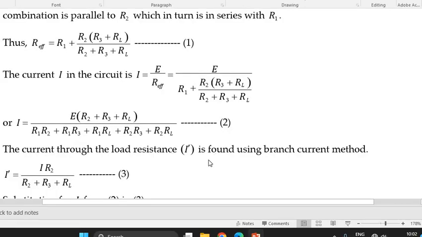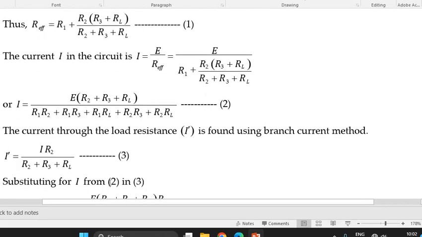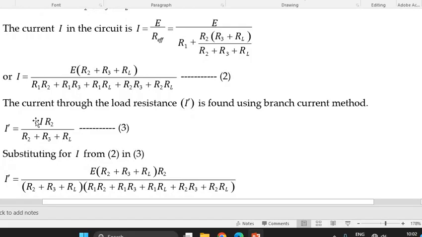The current through the load resistance I dash is found using the branch current method. Therefore, I dash is equal to I into R2 divided by R2 plus R3 plus RL. Substituting I from equation 2 in equation 3, instead of I we substitute this value.